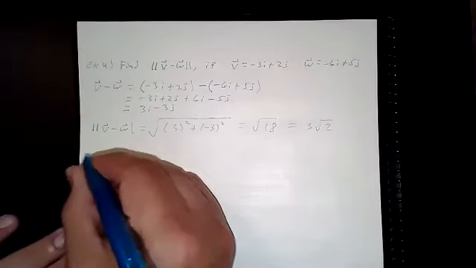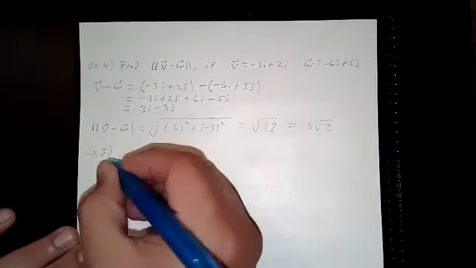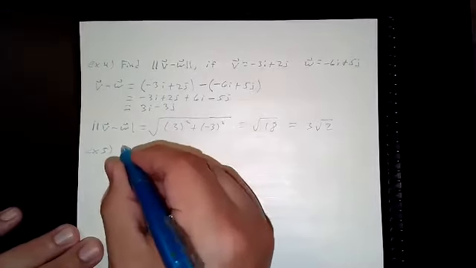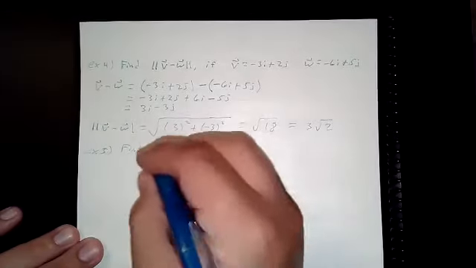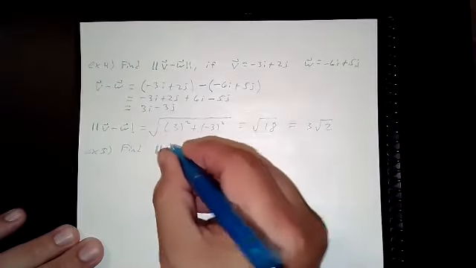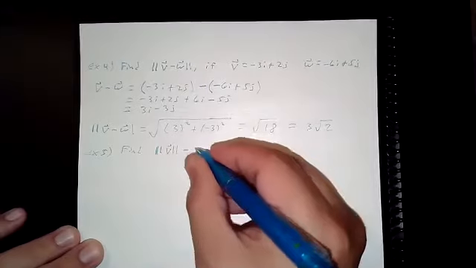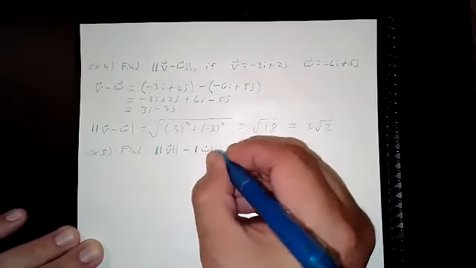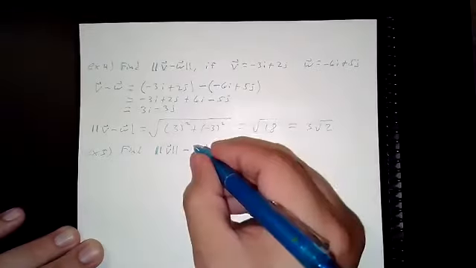So another one. On this one, we're going to find the magnitude of them separately instead of at the same time, and then subtract, just to show you that it's not the same, right?